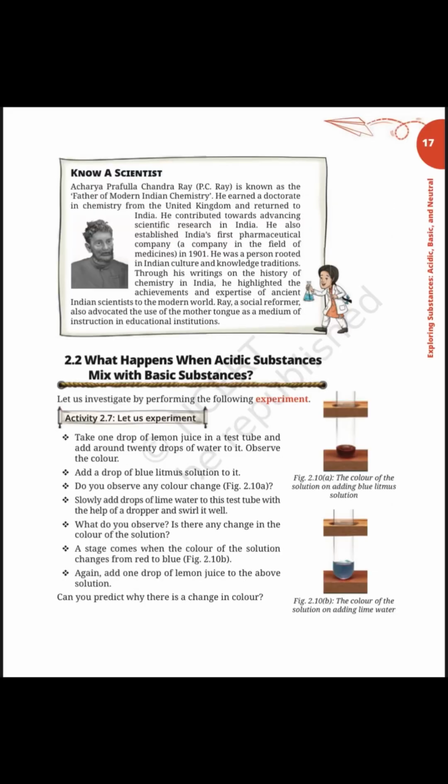Know a scientist. Acharya Prafulla Chandra Ray, P.C. Ray, is known as the father of modern Indian chemistry. He earned a doctorate in chemistry from the United Kingdom and returned to India. He contributed towards advancing scientific research in India. He also established India's first pharmaceutical company, a company in the field of medicines, in 1901.